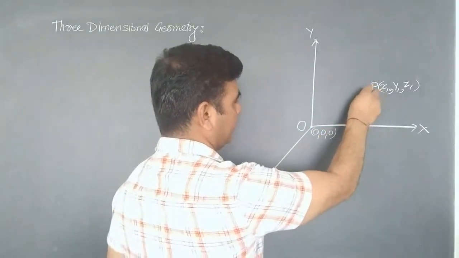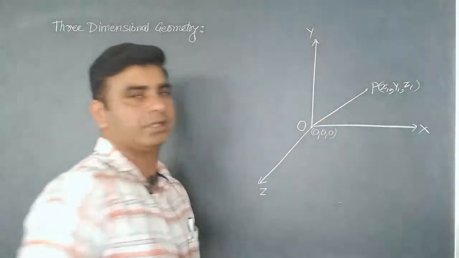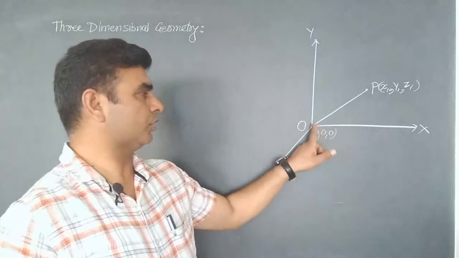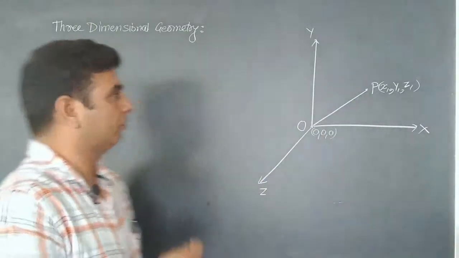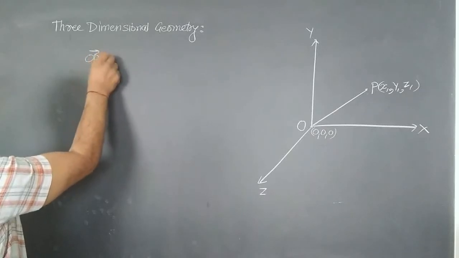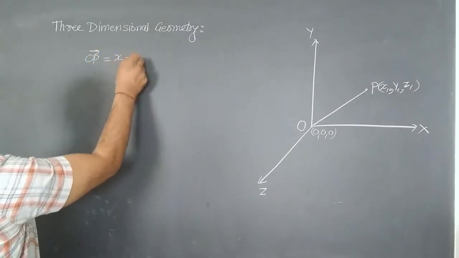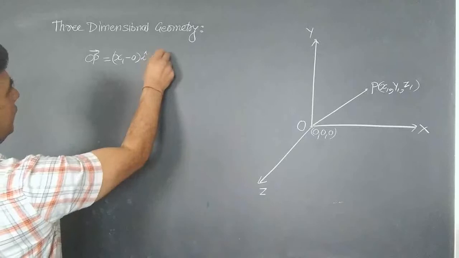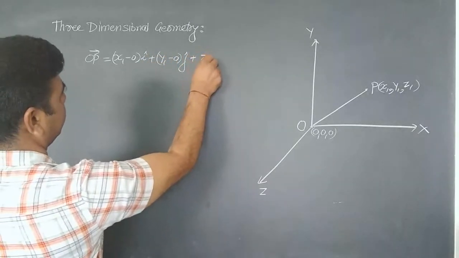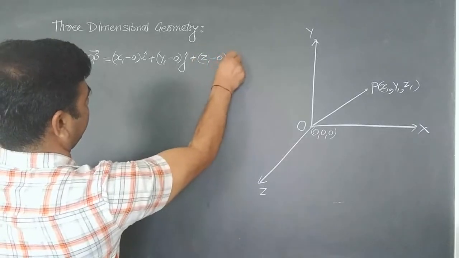Then OP is said to be a vector. Already we discussed that a vector is a directed line segment. So this is O, P will be a vector which is directed from the point O to P and can be represented by x1 minus 0 into i cap, y1 minus 0 into j cap, z1 minus 0 into k cap.